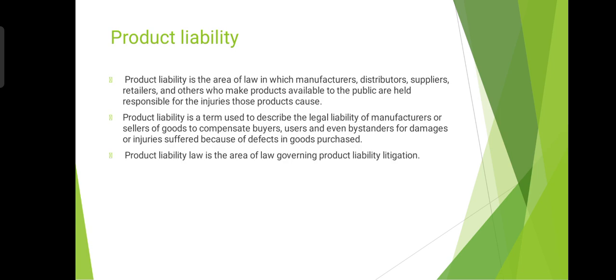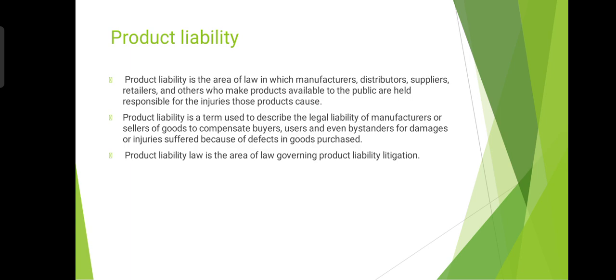Let us go through product liability. Product liability is the area of law in which manufacturers, distributors, suppliers, retailers, and others who make products available to the public are held responsible for the injuries those products cause.